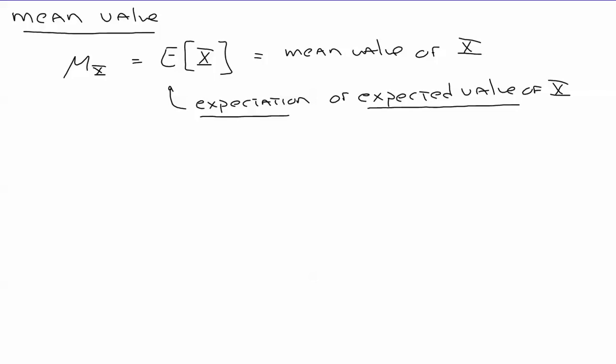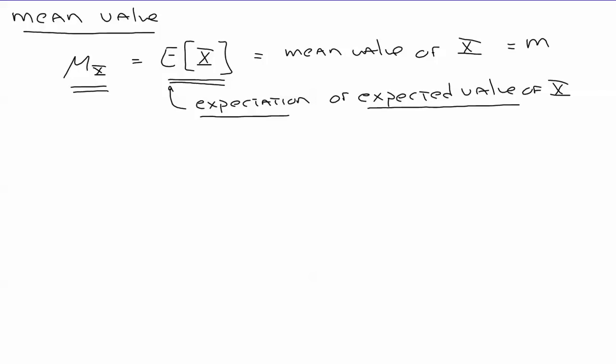Sometimes, depending upon the random variable, my mean value might be designated by a little m. We've seen that when we've talked about the Gaussian probability density function in the past. Most commonly, I'll use either the lowercase mu or I will use expected value. Probably the lowercase m will, in most cases, be reserved for the Gaussian probability density function.